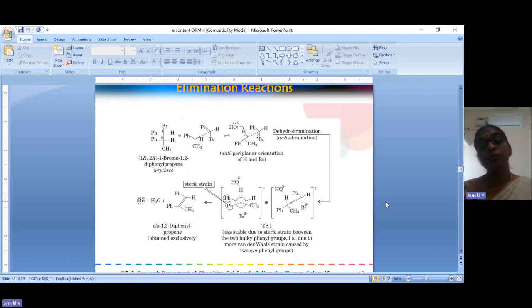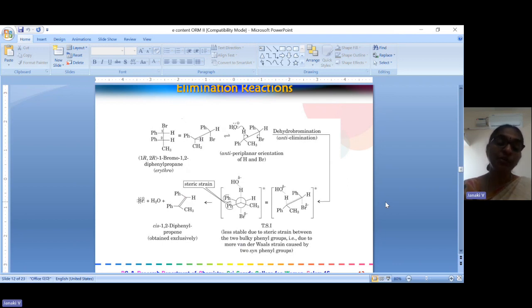In the dehydrobromination, anti-elimination occurs and there is a formation of transition state 1, and this transition state is less stable due to the steric strain between the two bulky groups, that is the two phenyl groups, due to the more van der Waals strain caused by the two phenyl groups.